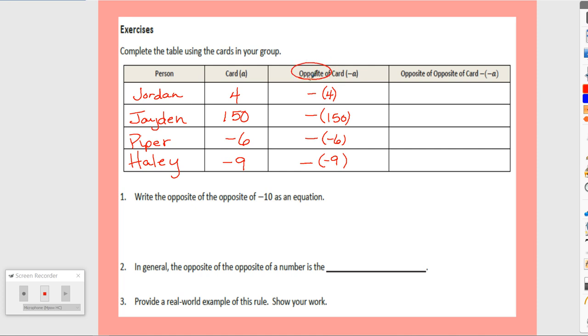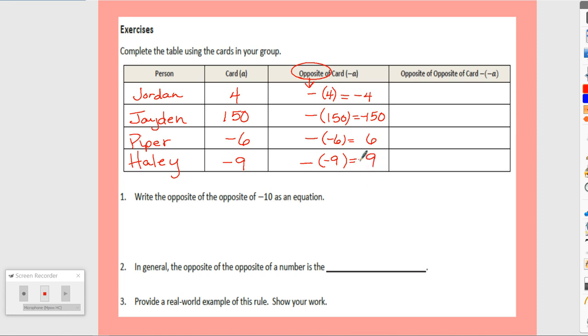So what's the opposite of 4? -4. What's the opposite of 150? -150. What's the opposite of -6? Just +6, right? And the last one, the opposite of -9 is +9.